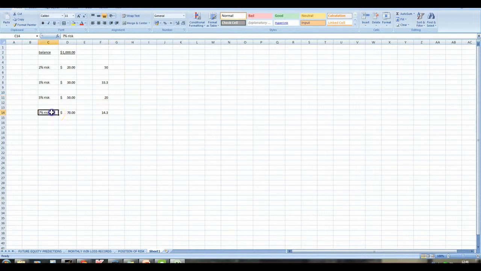And at this 7%, if somebody were to choose that, it would be completely absurd. That's a fast track to ruin. 14 losses in a row, and that's it. You'll be wiped out. And it doesn't even matter if you've got a $10,000 account.